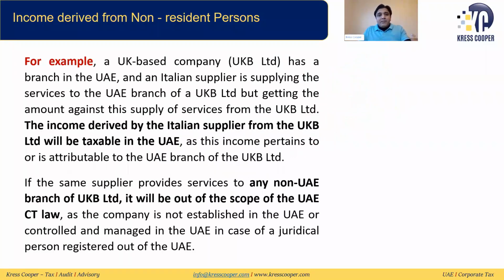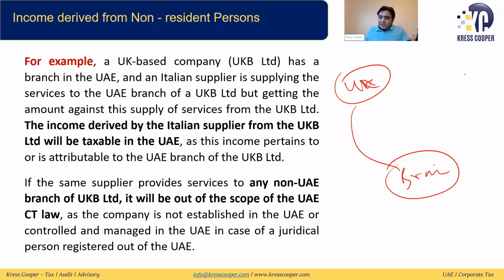I have given one example. This is a UK company. This UK company has a branch in the UAE. There is one Italian supplier. This Italian supplier is supplying goods and services to this branch, but getting this money from the UAE company.